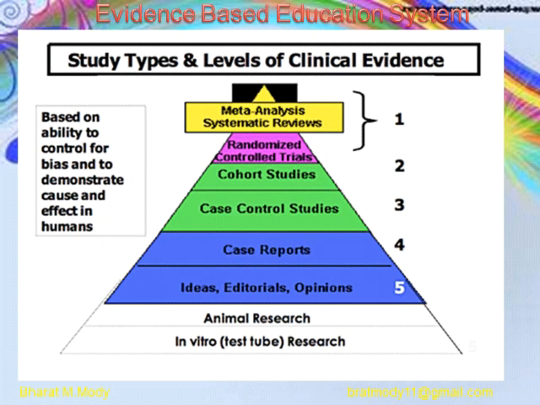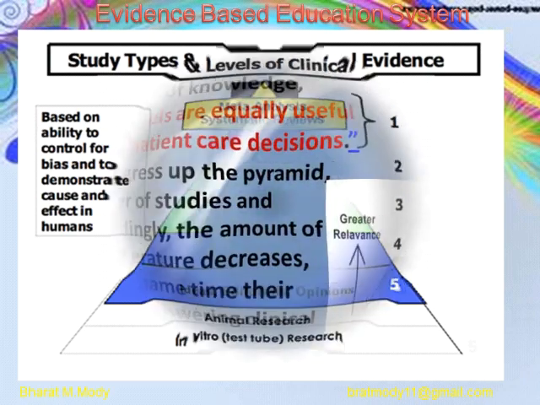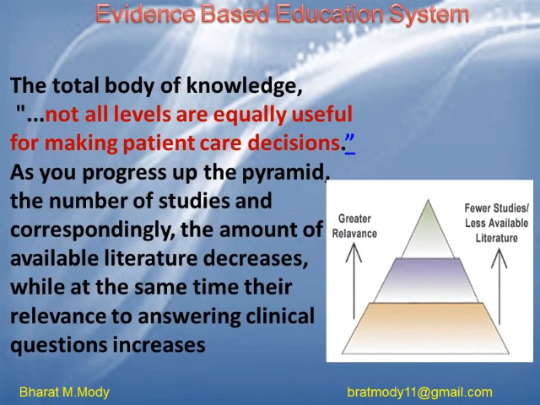Case reports should be utilized to make a research project rather than being used for evidence. Case control studies, because they have no controls and randomization is not there, it becomes difficult. So not all levels are equally useful for making patient care decisions.